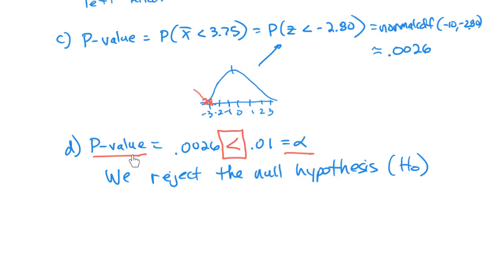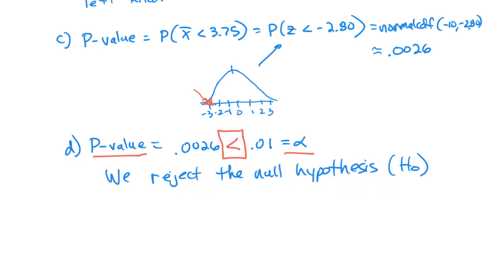At the end of every one of these hypothesis tests, we're going to look at the p-value and we're going to look at alpha. Whenever the p-value is less than alpha, we reject the null hypothesis. So we're saying that our sample was so unlikely to have occurred if the null hypothesis is actually true that we don't think the null hypothesis is true.